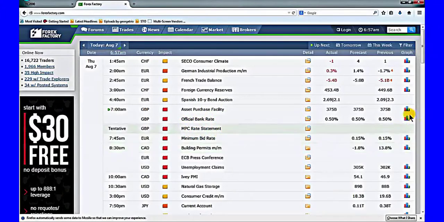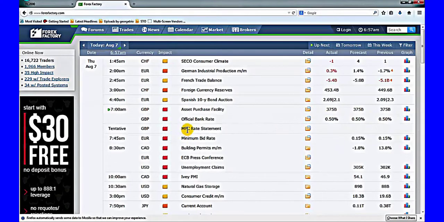For the asset purchase facility, the forecast was 375. The actual figure was exactly equal to the forecast. Again, here we see that the official rate did not change. The forecast was 0.5. The actual figure was also 0.5%. So nothing has changed so far.